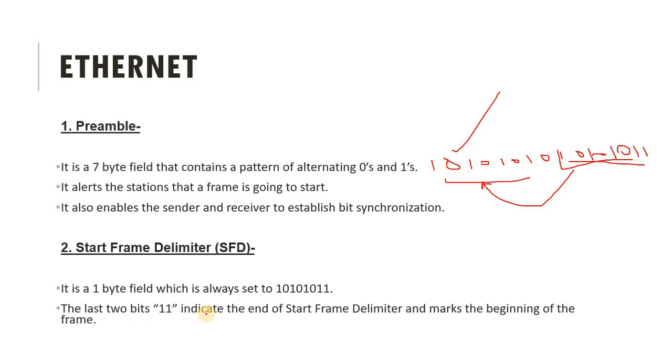The last 2 bits indicate the end of the start frame delimiter. All the bits are 10 10 10, and when the receiver receives that 11, it finds that after this 11 the actual data starts. So 11 indicates the end of the start frame delimiter and marks the beginning of the frame.